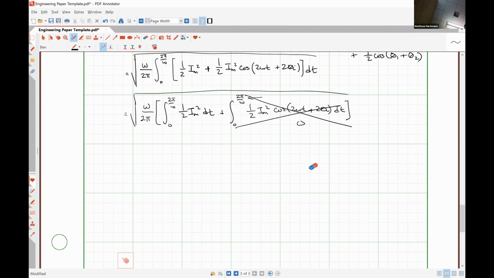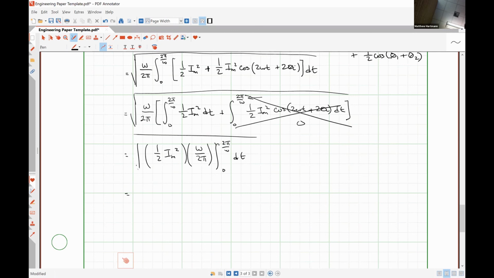So what do we got going on with our first integral? Well, that's a constant, right? So we are going to have 1/2 Im squared times omega over 2 pi times the integral from 0 to 2 pi over omega of dt.